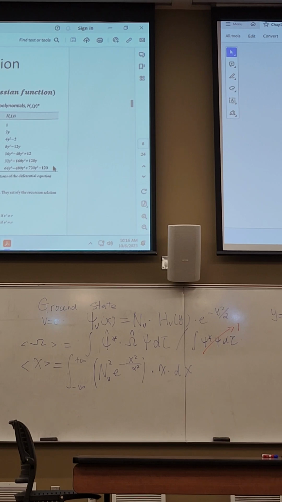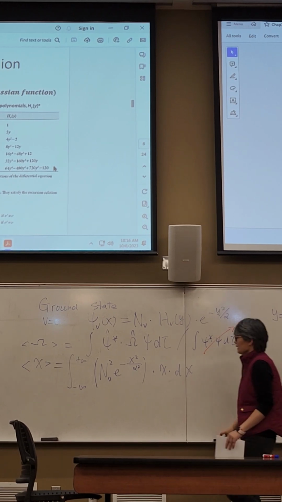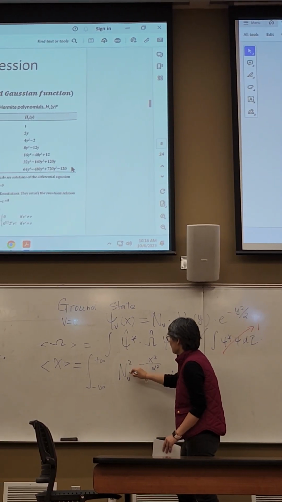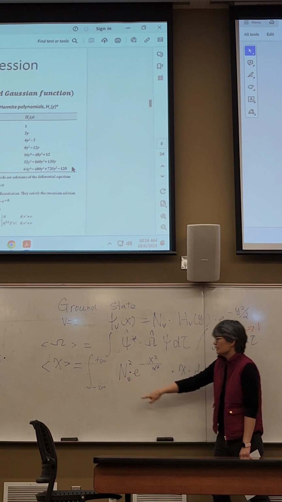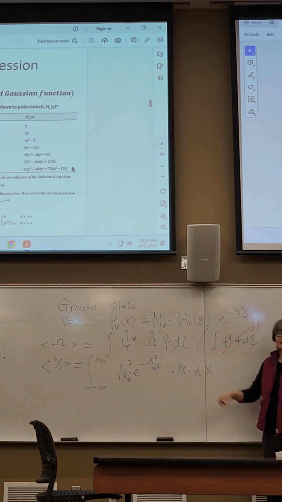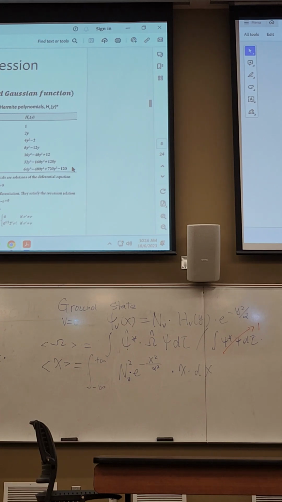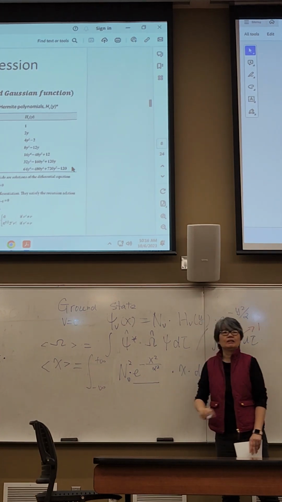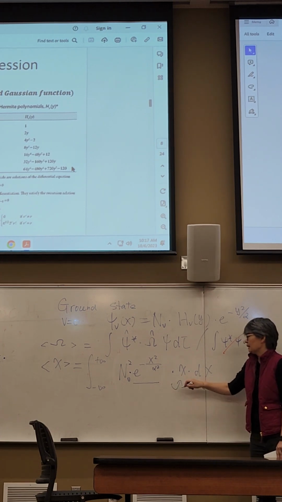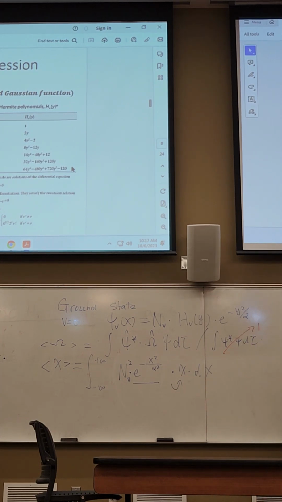Okay, now I don't really need to have this guy right here. So basically I have a constant squared, an e function, and an x, and do the integration. Is this odd or even? Even. And you multiply by x, would that make the whole thing odd?